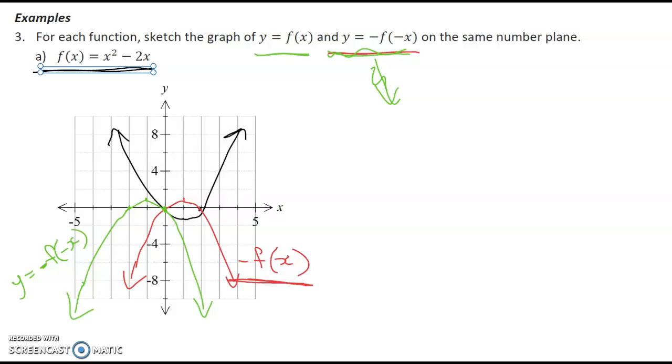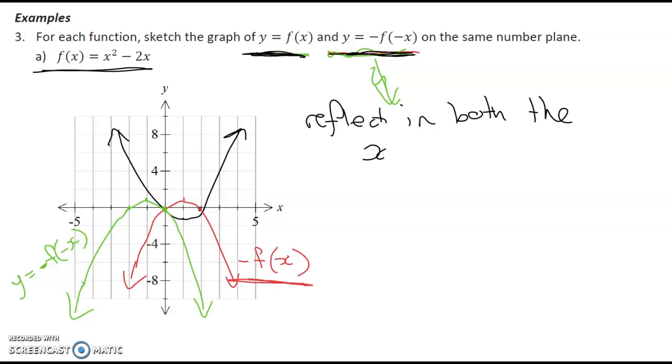And so the result of going from y equals f of x to y equals minus f of minus x is you reflect in both the x and y axis.